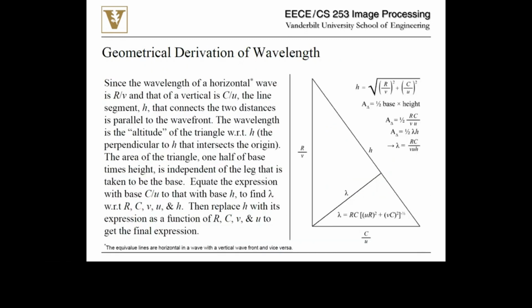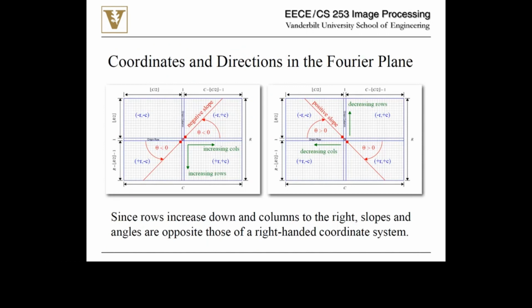Okay. Now, let's put the origin in the middle. Let's put the origin there. So now we will have omega x in this direction, omega y in this direction, and omega x in that direction. So we can have different regions.